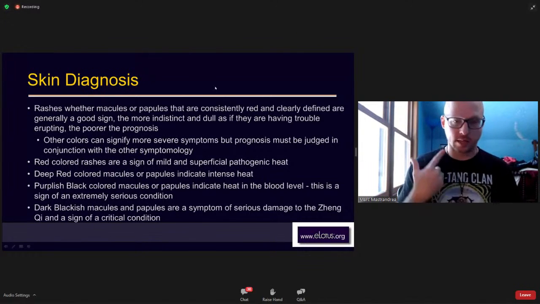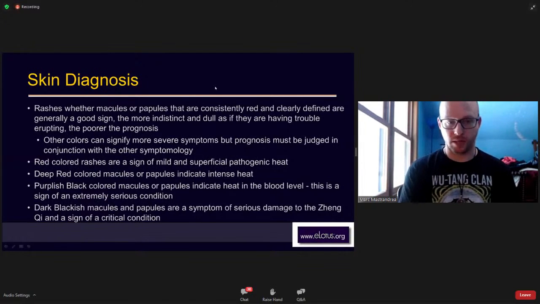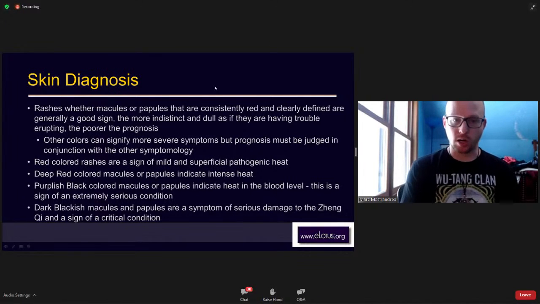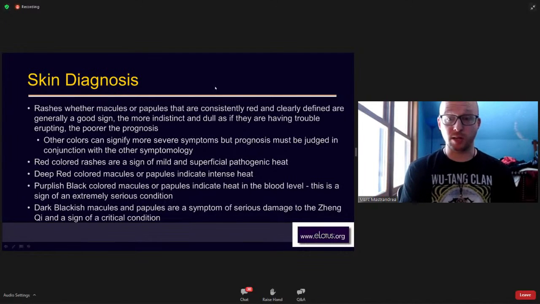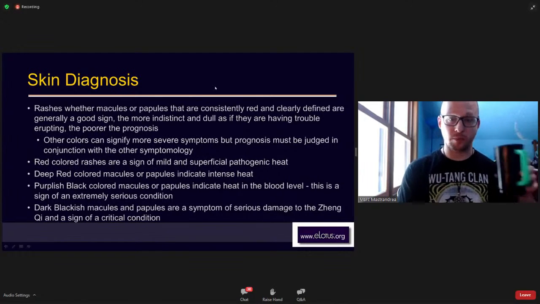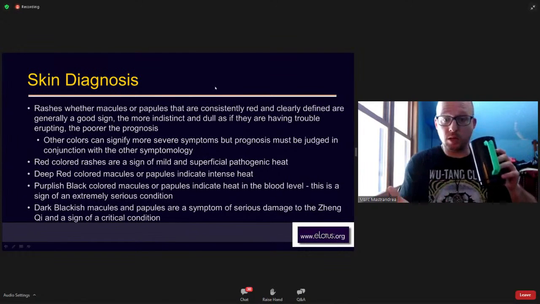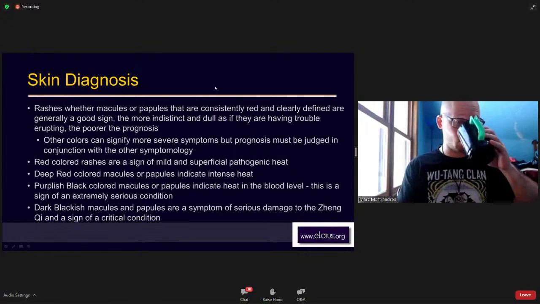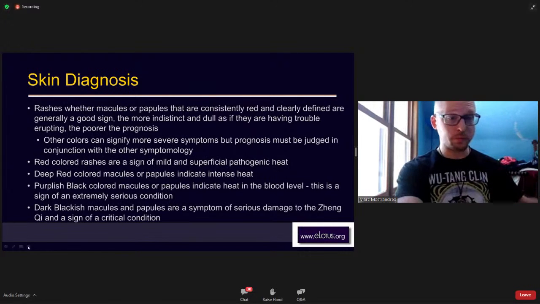Just like on the tongue, the more crimson and purple it turns, the more you know you have heat affecting the blood, and you can get massing blood stasis. Dark blackish macules are a really serious sign that Zheng Qi is in a really bad position, and it's not dealing with the condition that you have.